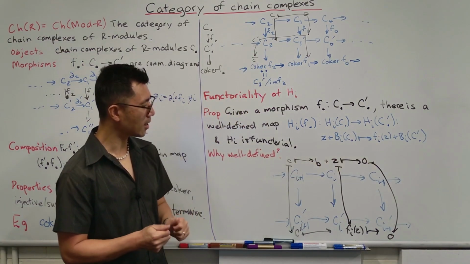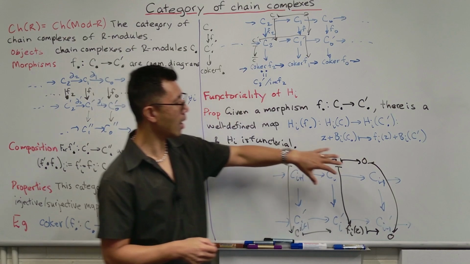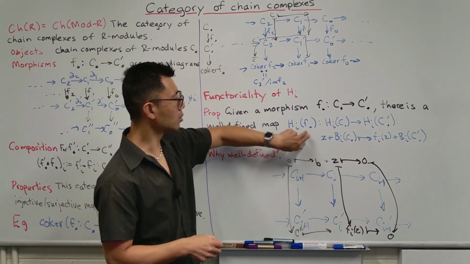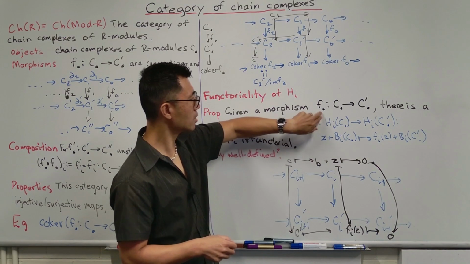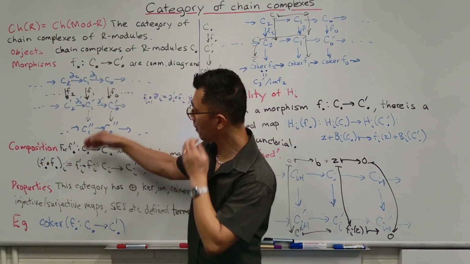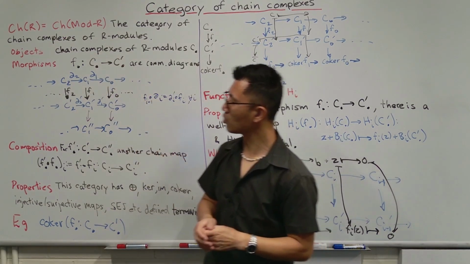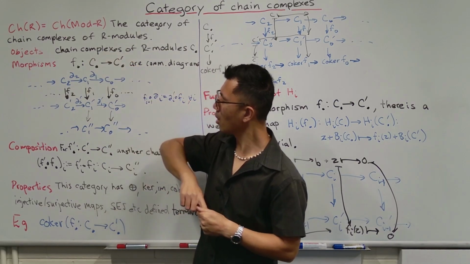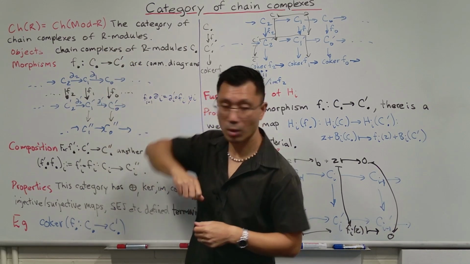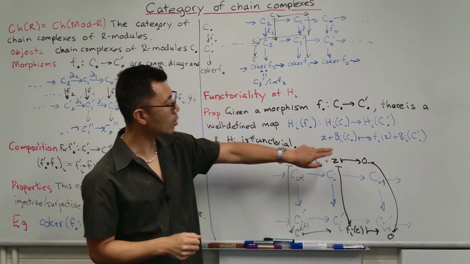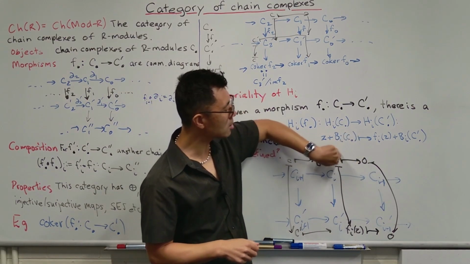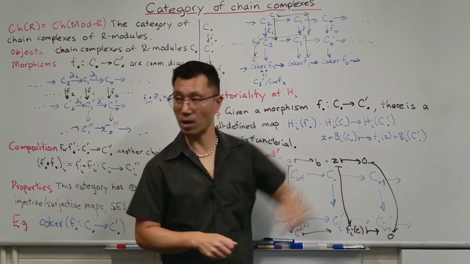The second thing is, if you have a composite of chain maps, what's it doing to the homology? You can kind of see what it's doing. Really what you do is you just apply the corresponding functions on representative elements.